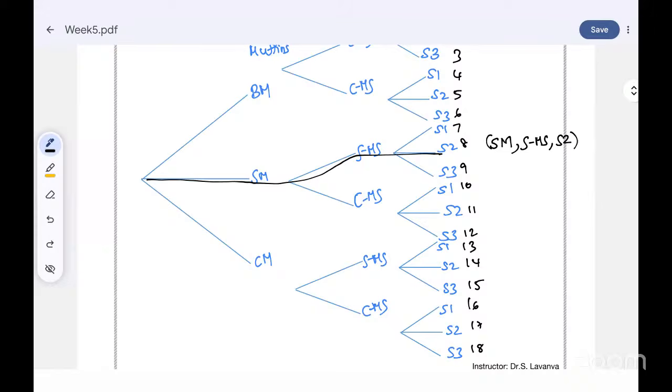So this is the combination you have chosen. Each of these, 1, 2, 3, up to 18, is a different option. So the meaning of the tree diagram, is it clear?